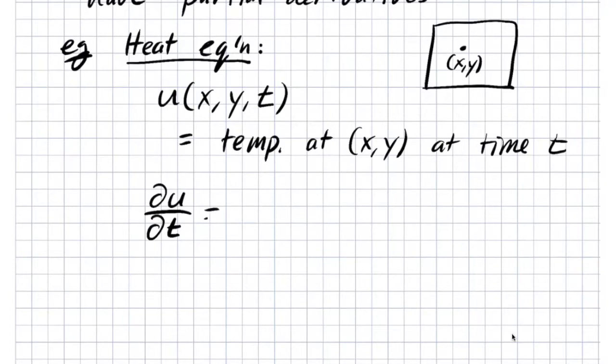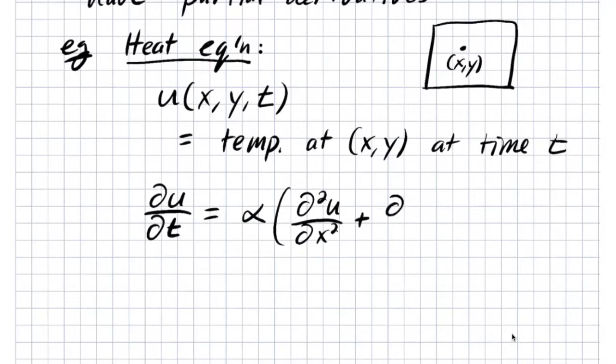And the heat equation says that this is going to be proportional, so it's some constant here, times a sort of measure of how fast the temperature is changing around this point.